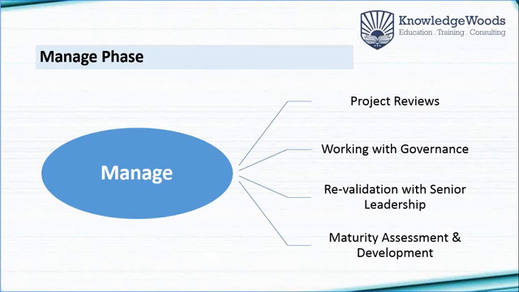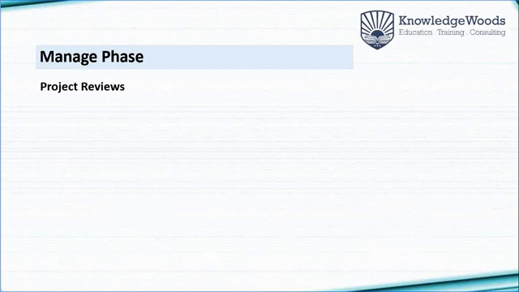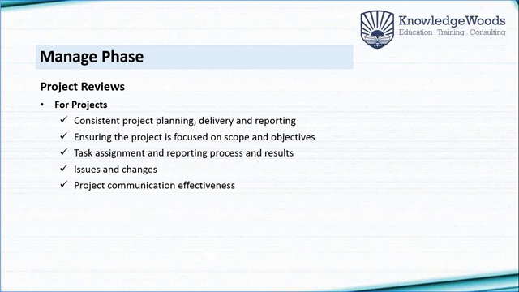So a few things that you do in this manage phase. First is project reviews. This should be periodic, quite frequent, and while reviewing the project data, focus could be on how consistently project planning, delivery and reporting processes are being used, and how closely the project is aligned to the scope and objectives.